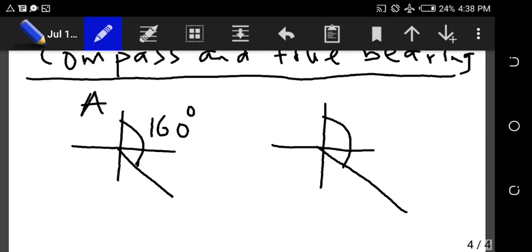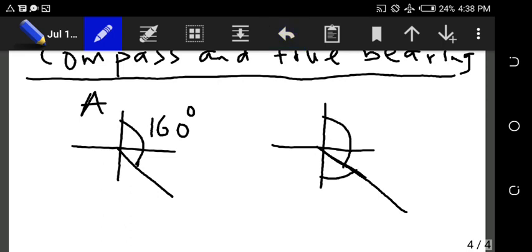Now what we want to look at, this point is closer to the south, so we're looking for the value of the angle between the south and that point. And of course, you know that moving from the north all the way down to the south is always 180 degrees, an angle on a straight line.